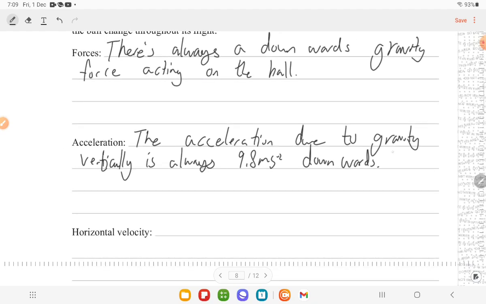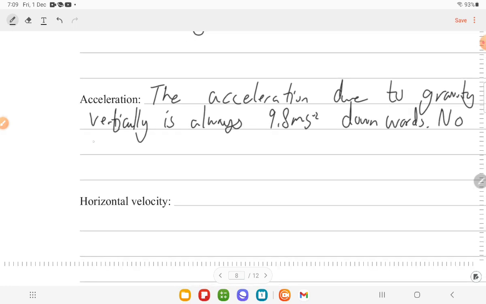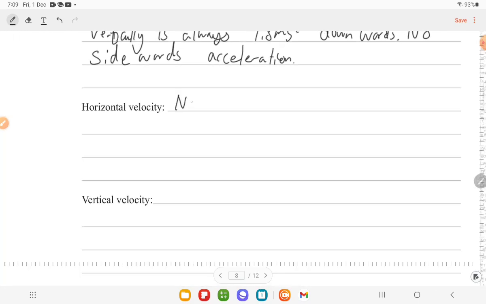And no, I don't really like how this is formatted a bit. I don't really like it too much. Sideways acceleration. Okay, horizontal velocity. Not sideways, sideways is bad. Horizontal acceleration.